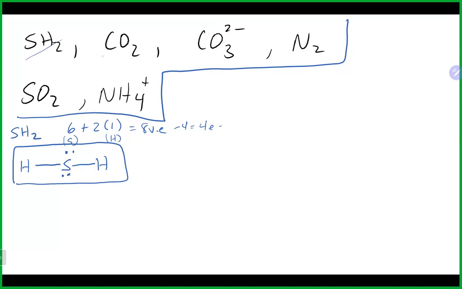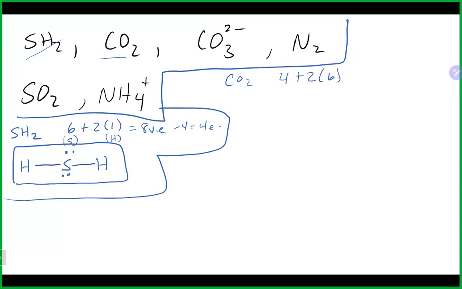We're going to do a little CO2 action. Carbon is group number 4, and there are 2 oxygens, each at group number 6. That's going to give us 16 valence electrons.